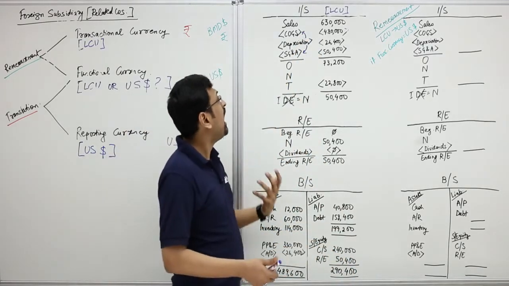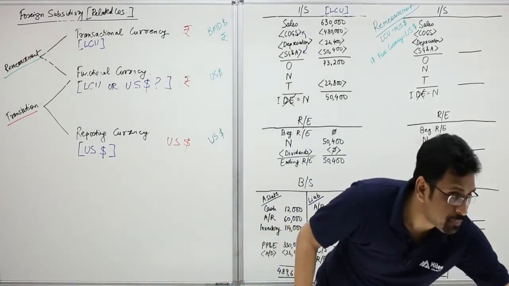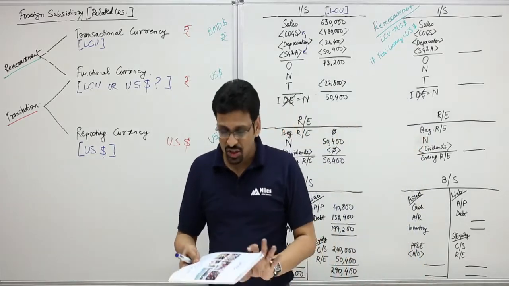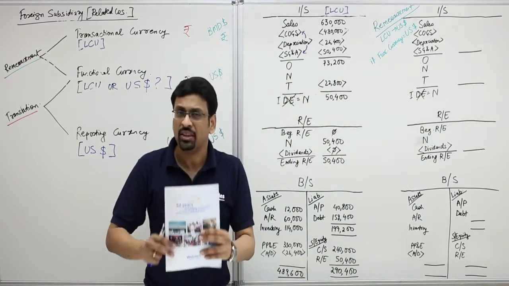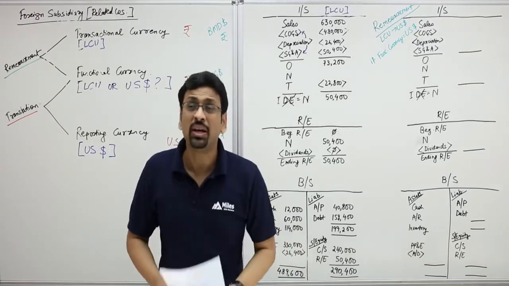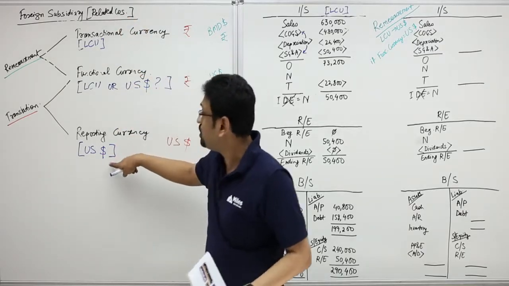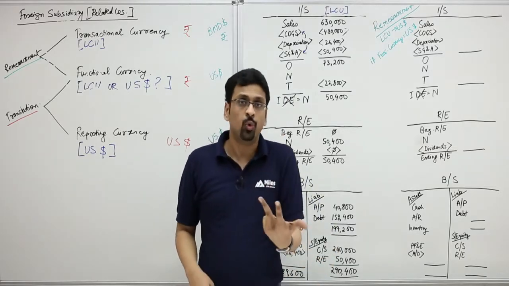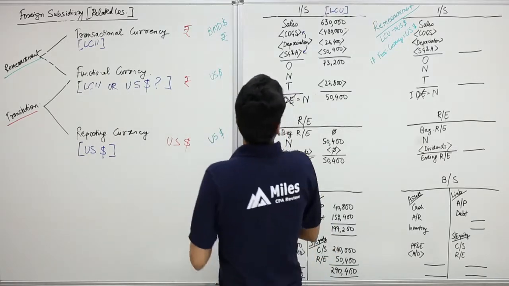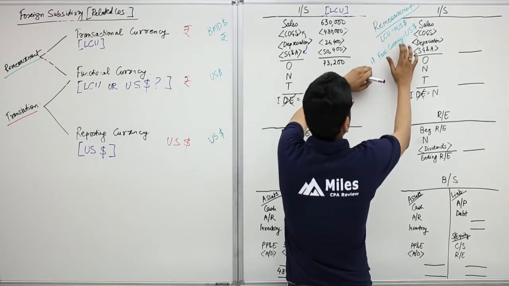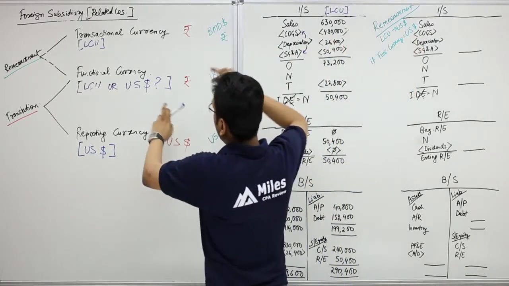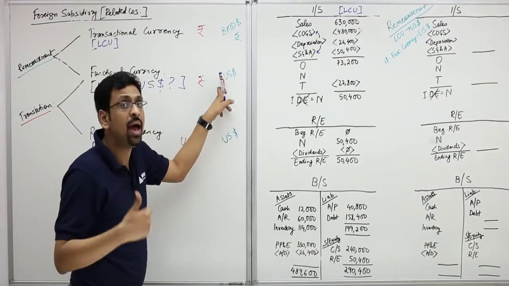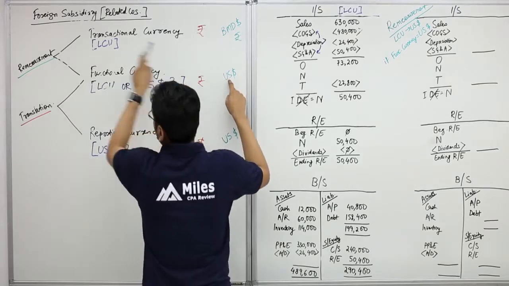So all these have been prepared in the foreign subsidiary's local currency unit, but they need to be consolidated with the parent, the US parent, and need to be converted to US dollars, the reporting currency. Now as I told you, there are two routes of doing it. If the functional currency is the US dollar, if US dollar is the currency that has the greatest economic impact on the foreign subsidiary, then you would remeasure.